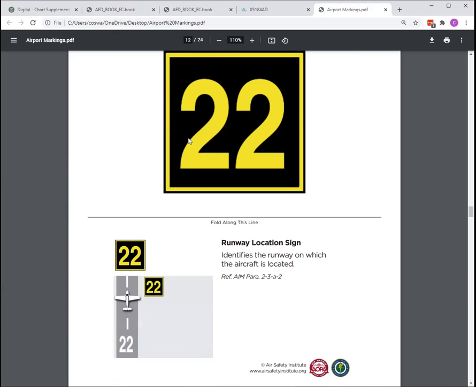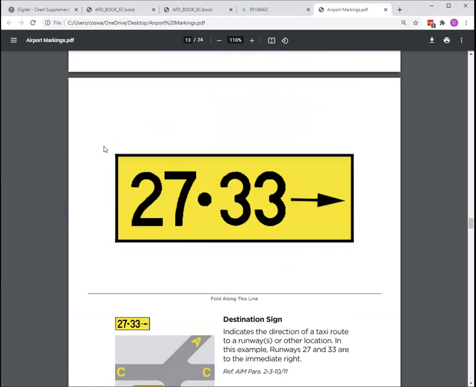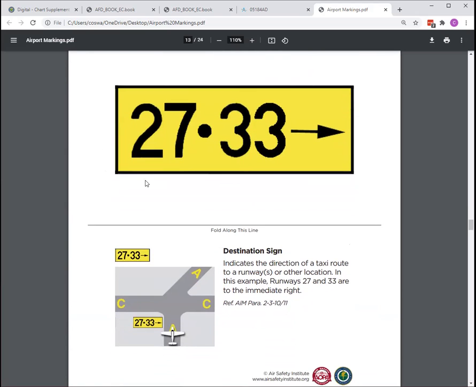So in this case, you're going on runway 22. So it identifies that too. So this sign is used, again, at taxiway intersections to help direct traffic. So if you were to head down taxiway Charlie here, you would end up at runway 27/33. And that's just telling you where to go to get to a certain runway.